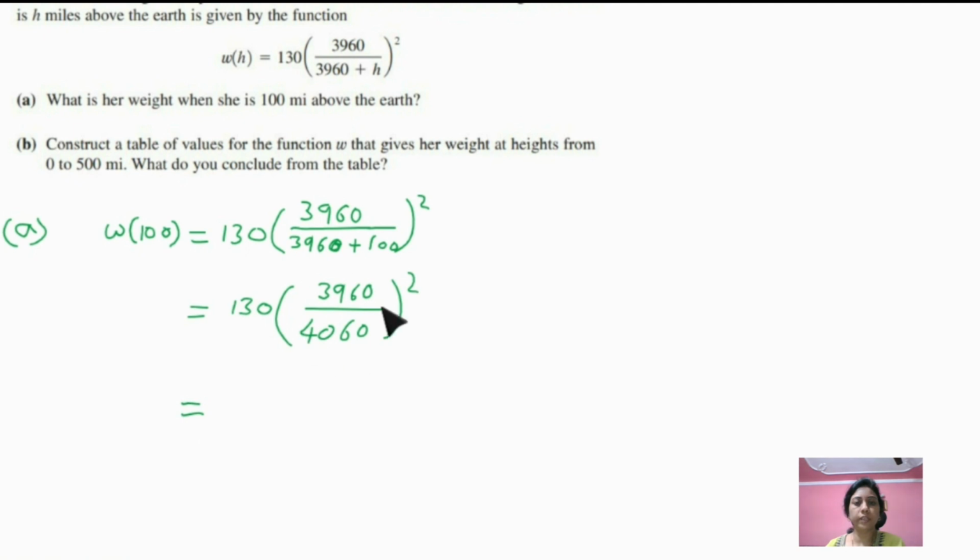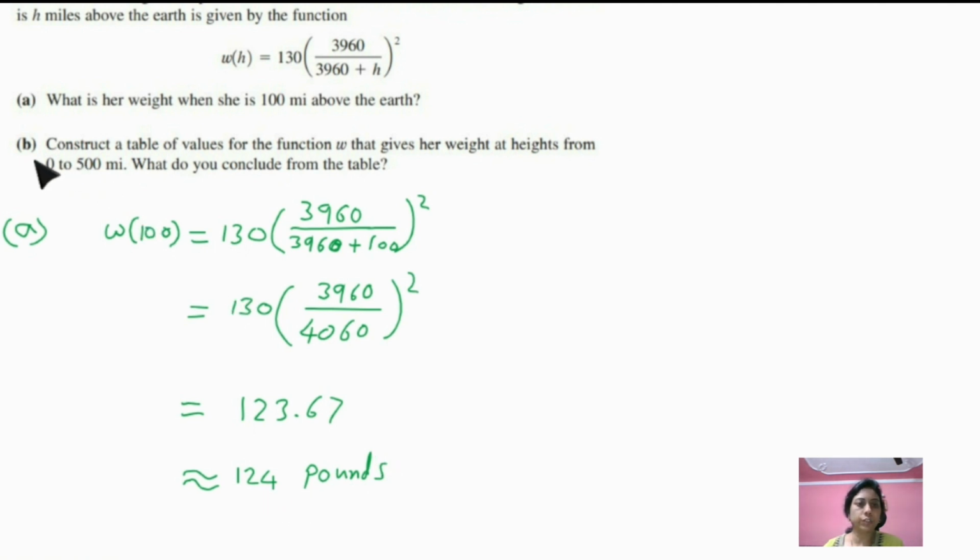You can use a calculator, divide this and square it, and then multiply by 130. You get 123.67 pounds, approximately 124 pounds. Okay. So when she is 100 miles above the Earth, her weight is 124 pounds.